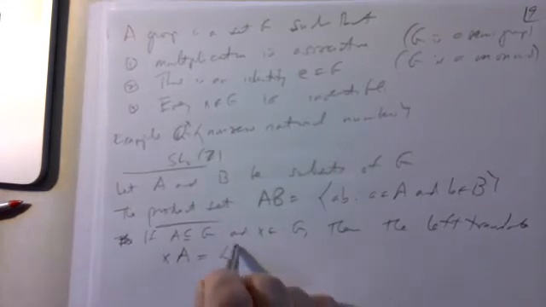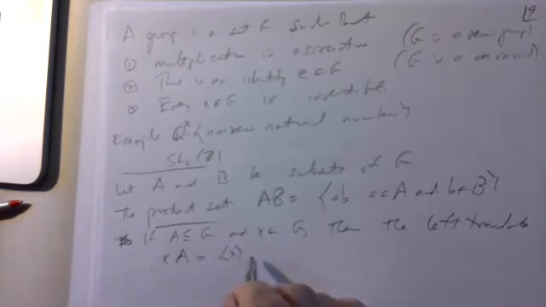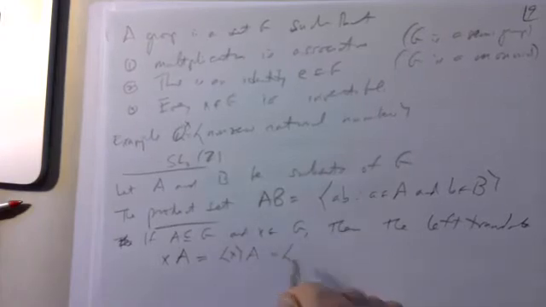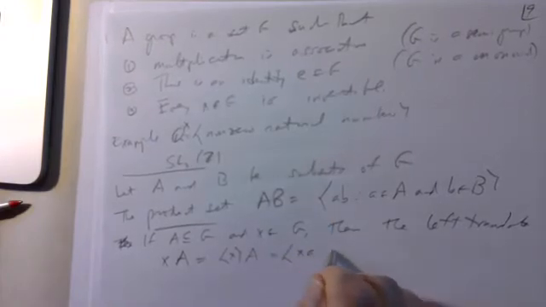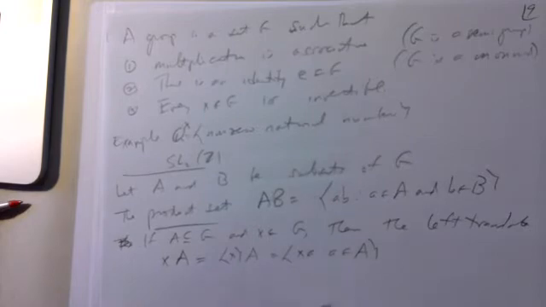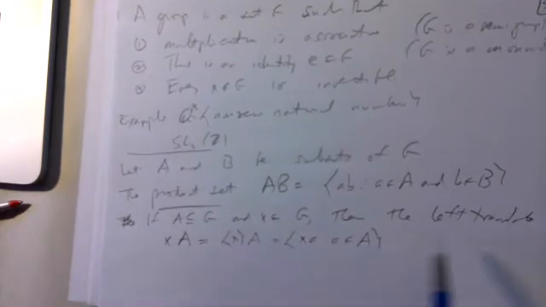This is the product of the set consisting of just X and the set A. So this is everything of the form X times A, where A is in A. This is what is called the left translate.